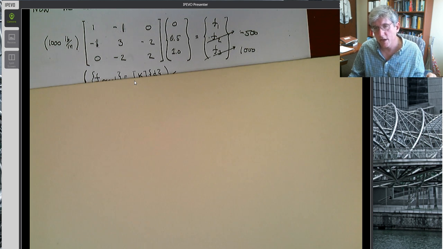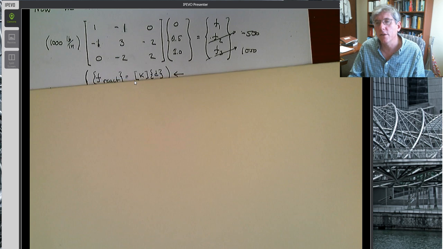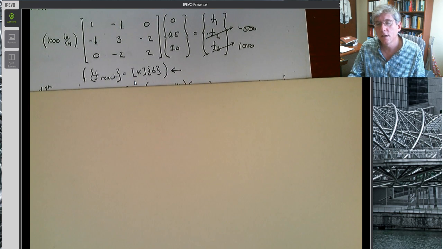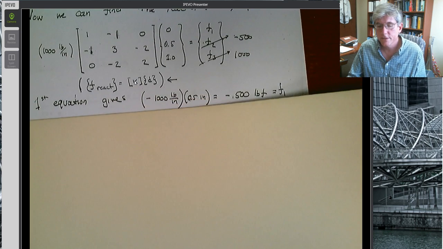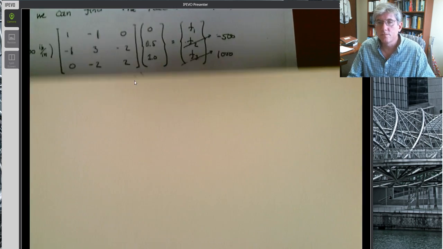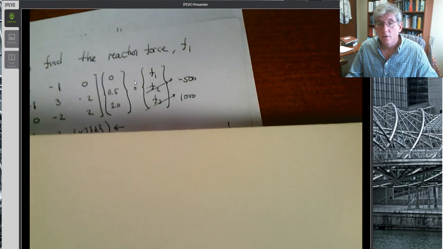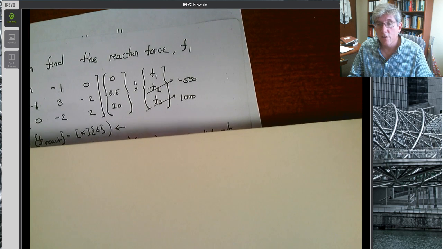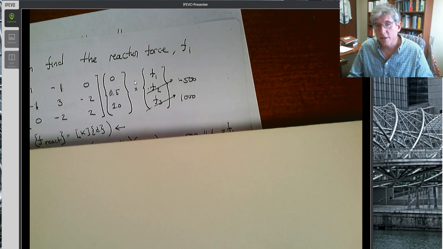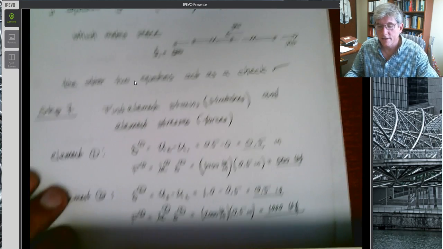Then to get the external reaction forces, you multiply the known solution D by the original full stiffness matrix, and that'll give you the reaction forces, as well as checking equilibrium on the other forces. Those steps again: find the reduced system, solve for the displacements, multiply by the original stiffness matrix, and that gives you the reaction forces.